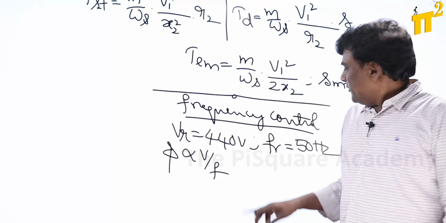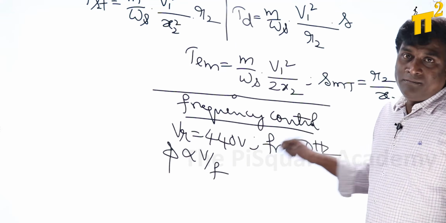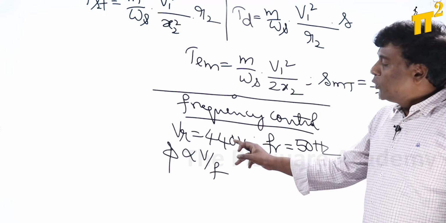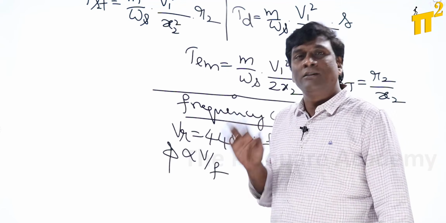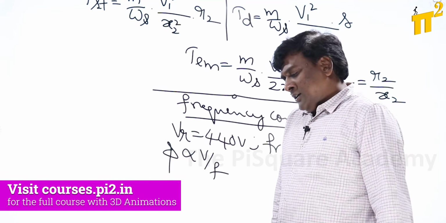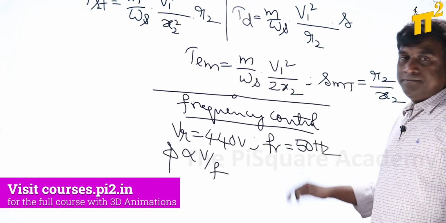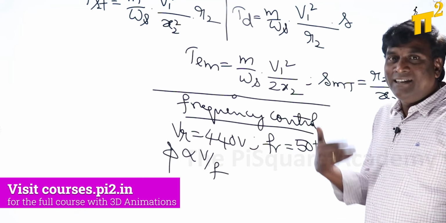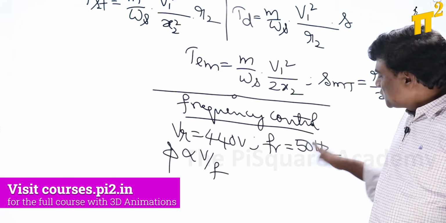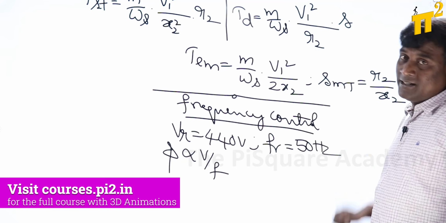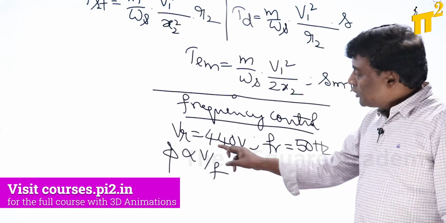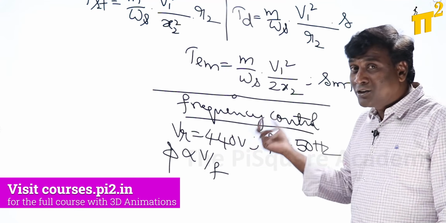Okay, now for frequency less than rated frequency, voltage also will be reduced in the same proportion such that operating flux will be maintained constant. Now if you want to increase frequency, in order to increase the speed, if you want to increase frequency to 100 Hz, then in order to maintain V by F ratio constant, voltage also should be doubled.